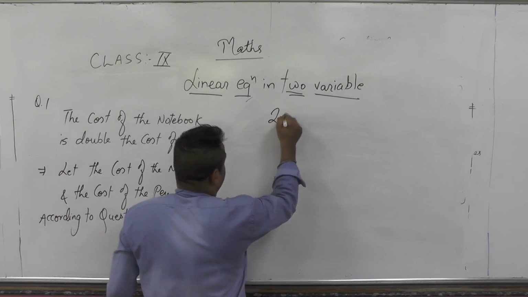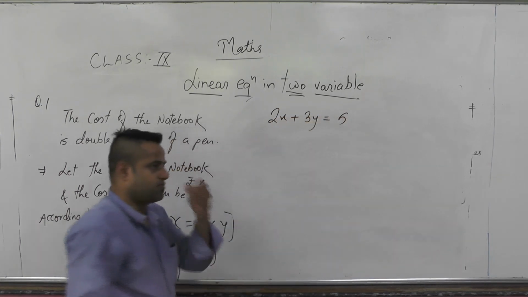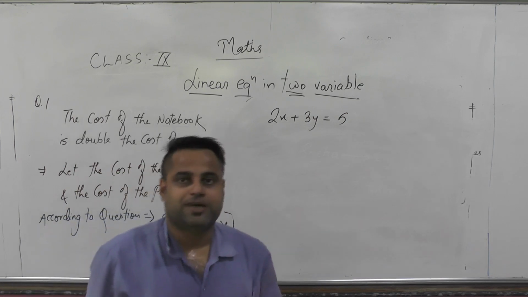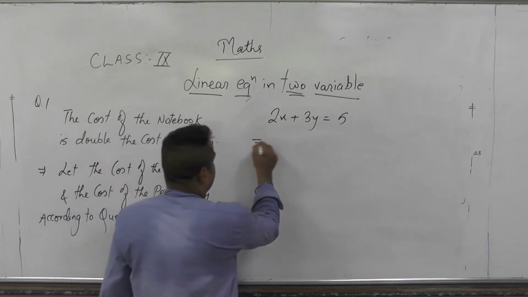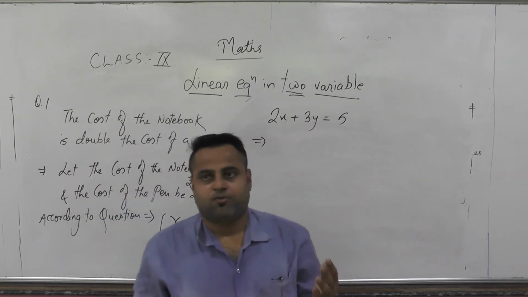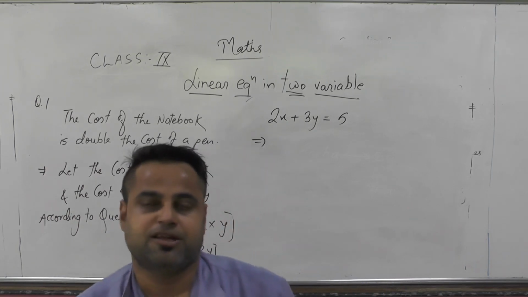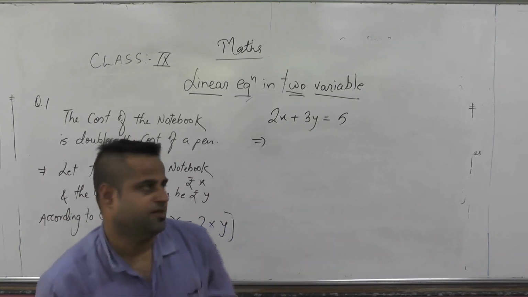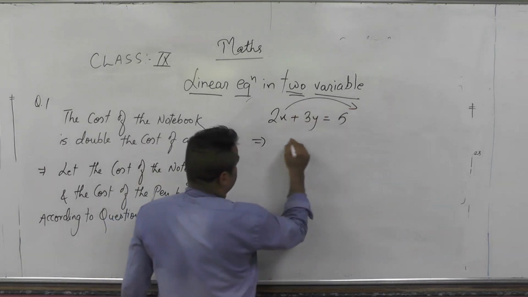Like, suppose I am taking a small equation like 2x plus 3y equals 5. Now how to find its solution? It's very easy. What you should do, rather than expecting different values for x and y, is take one variable as independent and another as dependent. So here we can transpose this 2x to the other side.